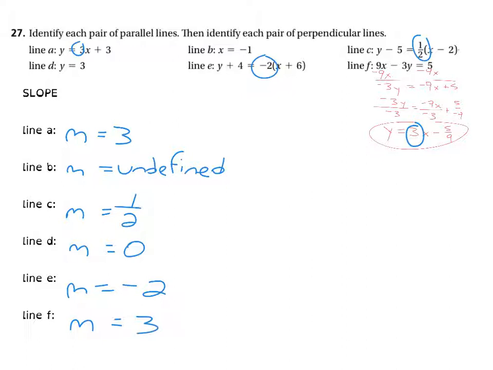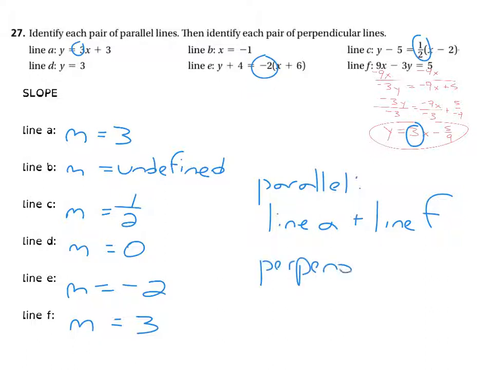And then the question is, which lines are parallel, which lines are perpendicular? So we can say parallel, which 2 have the same slope? Line A and line F. Perpendicular, which 2 have opposite reciprocal slopes?